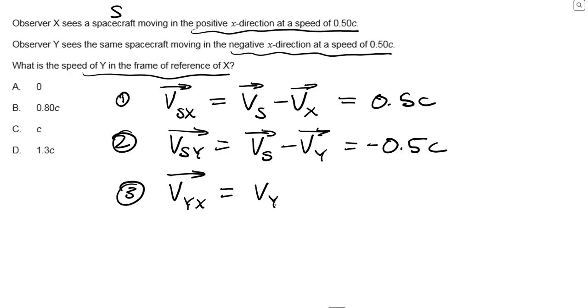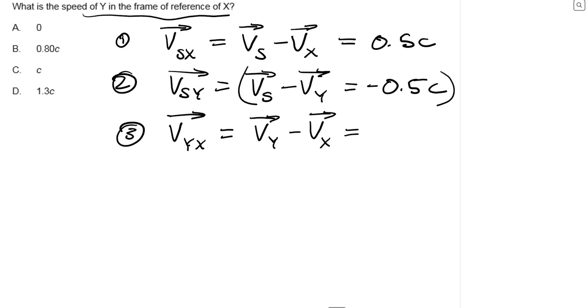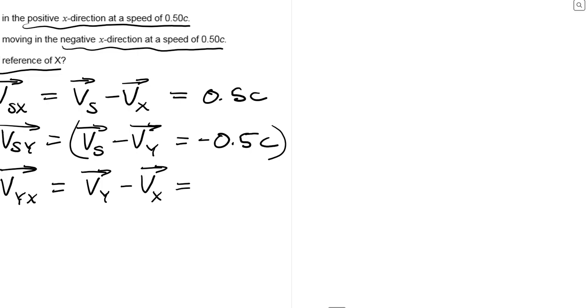So we have Vy minus Vx is equal to, first we must take the negative of this, right? We must subtract this equation from this. And so what we get is Vs minus Vs cancels out. Then we get Vy minus Vx is equal to 0.5 c, right?